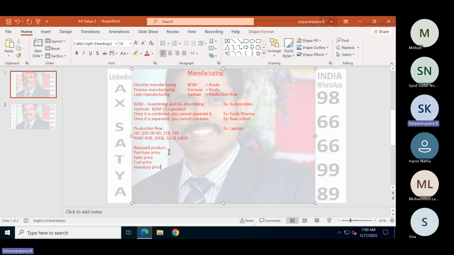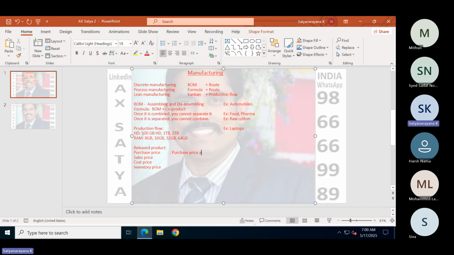These prices are there. What is purchase price? Cost of purchase of that particular item, product.